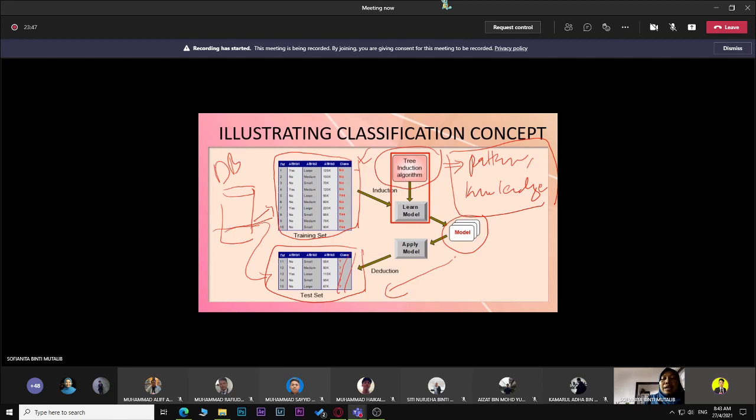Let's say if you look at the actual results of the data, let me write here: 11 is yes, 12 is yes, 13 is no, 14 is no, and 15 is yes.